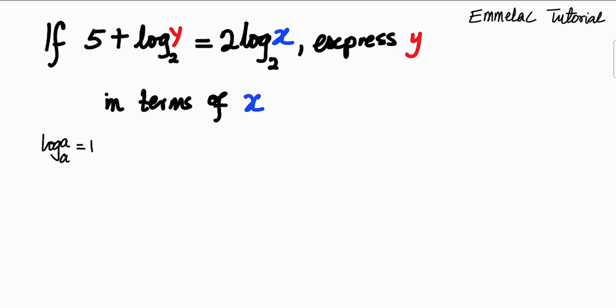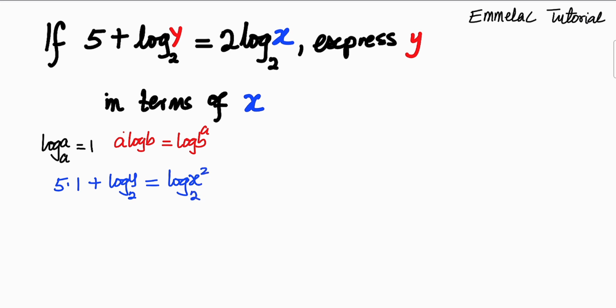So the above equation we can rewrite as 5 times 1 plus log y base 2 equals, now using the power law of logs, which tells you that a log b gives you log b raised to a, applying this to the right side, we have log x raised to 2 base 2.